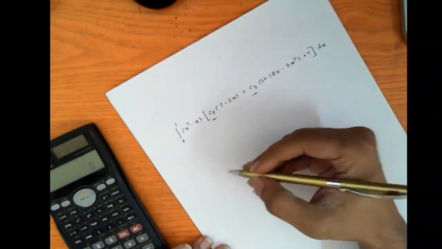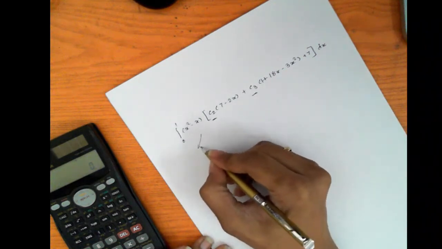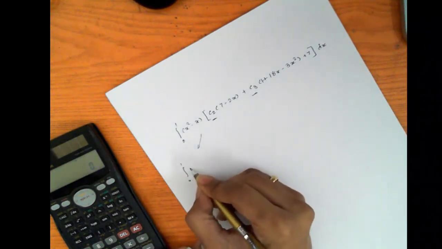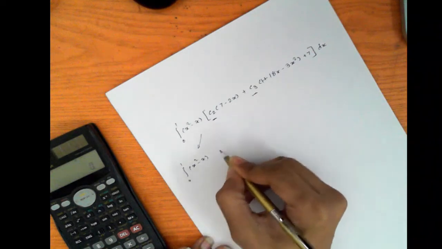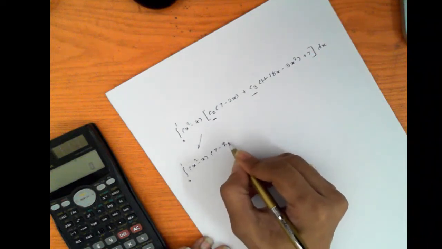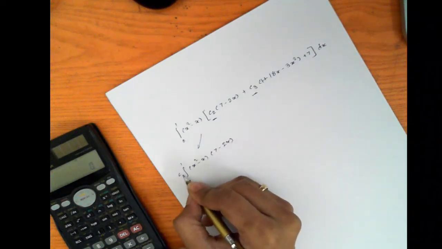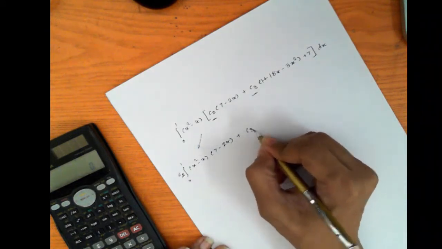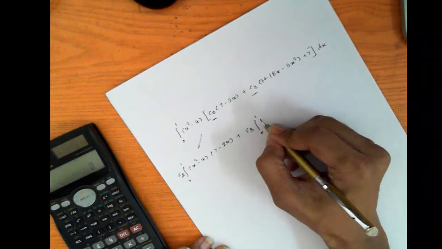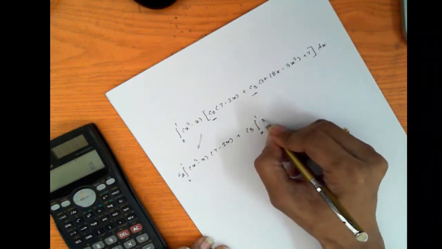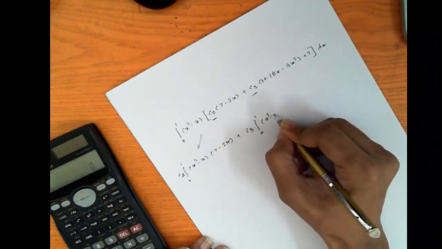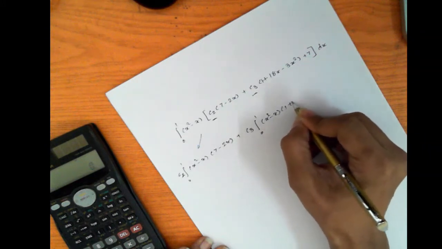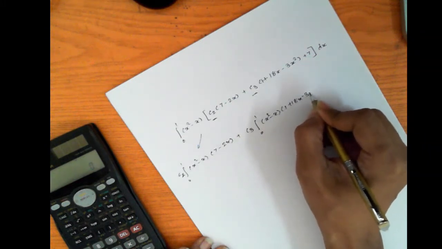So what we can do is first we can simplify this to integral 0 to 1 of (x square minus x)(7 minus 2x), C2 will be a constant, plus C3 will be a constant, integral 0 to 1 of (x square minus x)(1 plus 18x minus 3x square).